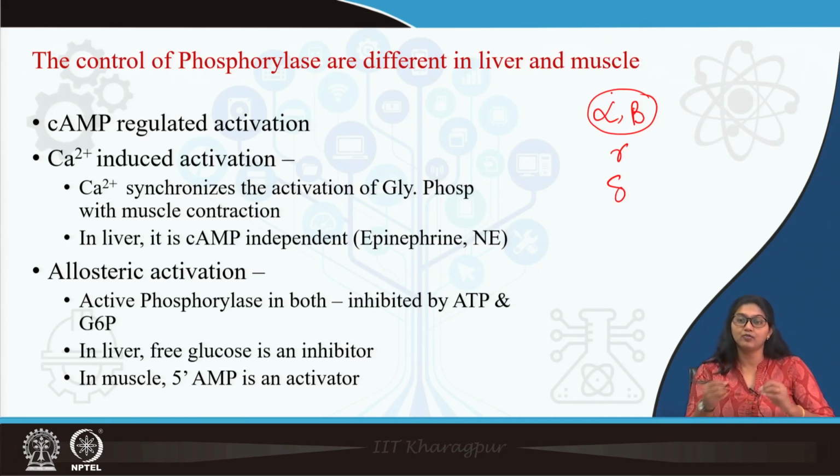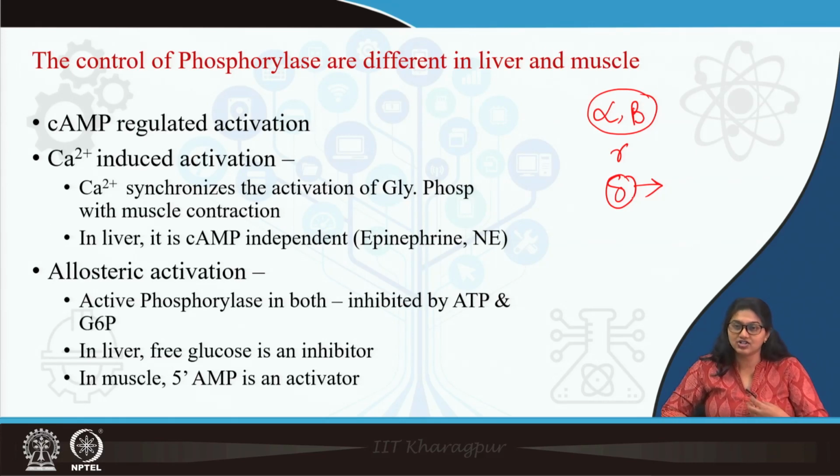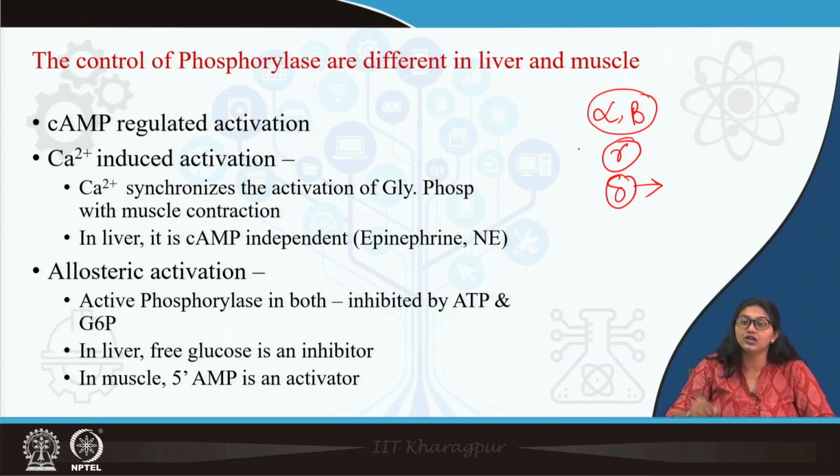So, covalent modification or phosphorylation occurs in these alpha and beta subunits. The delta subunit is the subunit which is similar to calmodulin. So, calcium here binds with this delta subunit and induces a conformational change. That conformational change activates this gamma subunit, which has the actual catalytic activity.